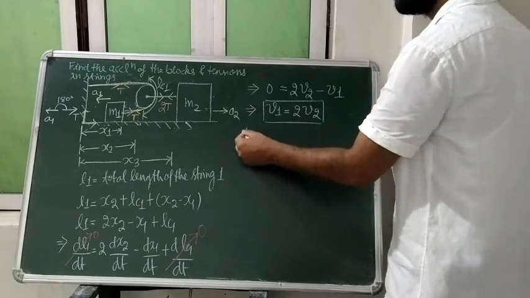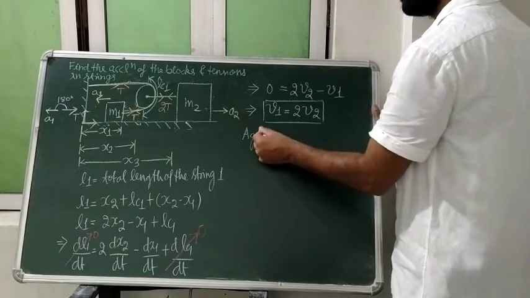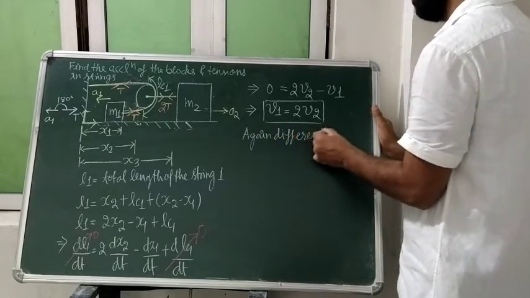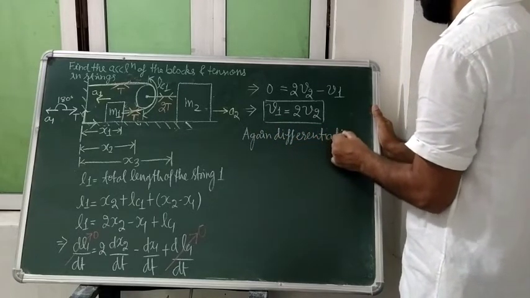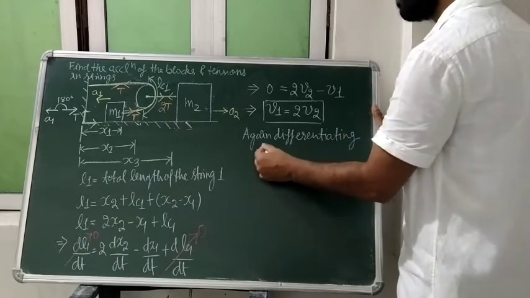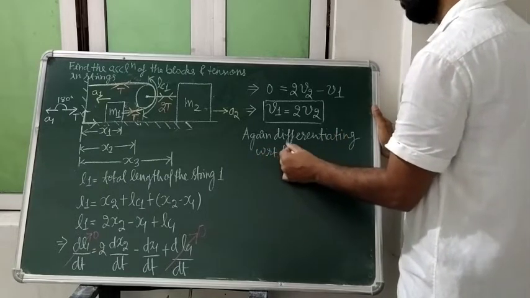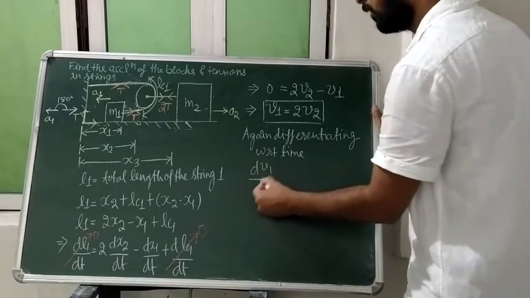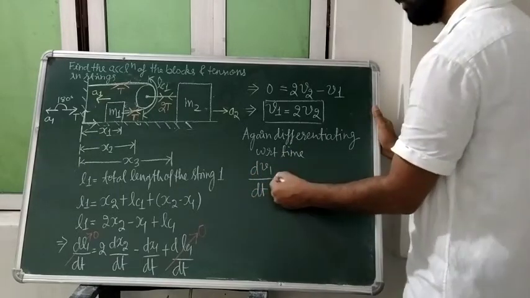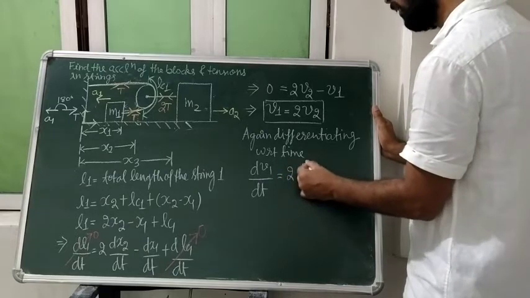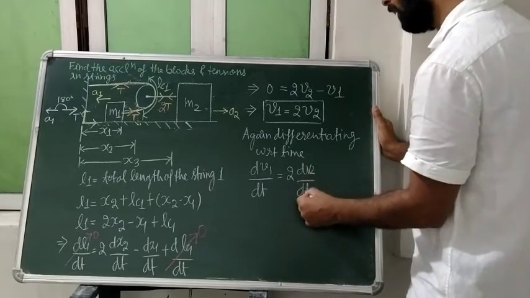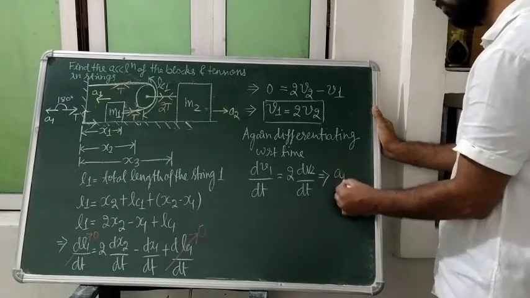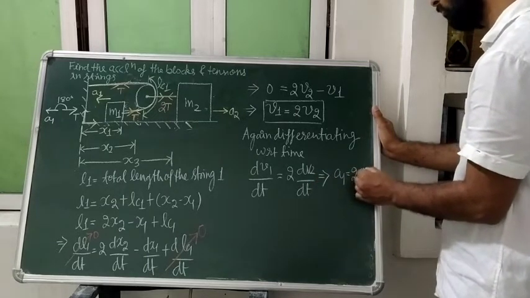Again differentiating with respect to time, what will we get? dv1 upon dt should be equal to twice of dv2 upon dt. Meaning your a1 should be equal to twice of a2.